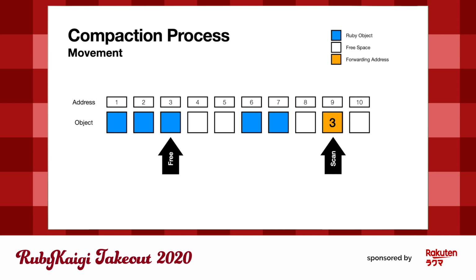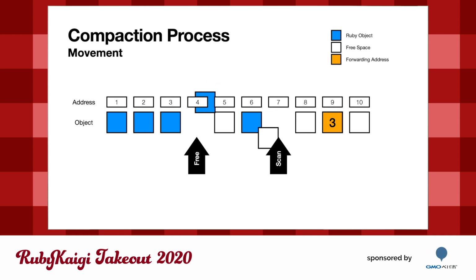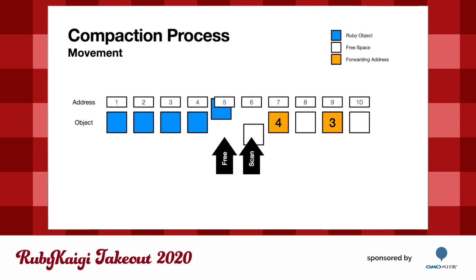What was in slot 9 is now in slot 3. This process then repeats until both pointers meet. When the pointers meet, the object movement process is finished.